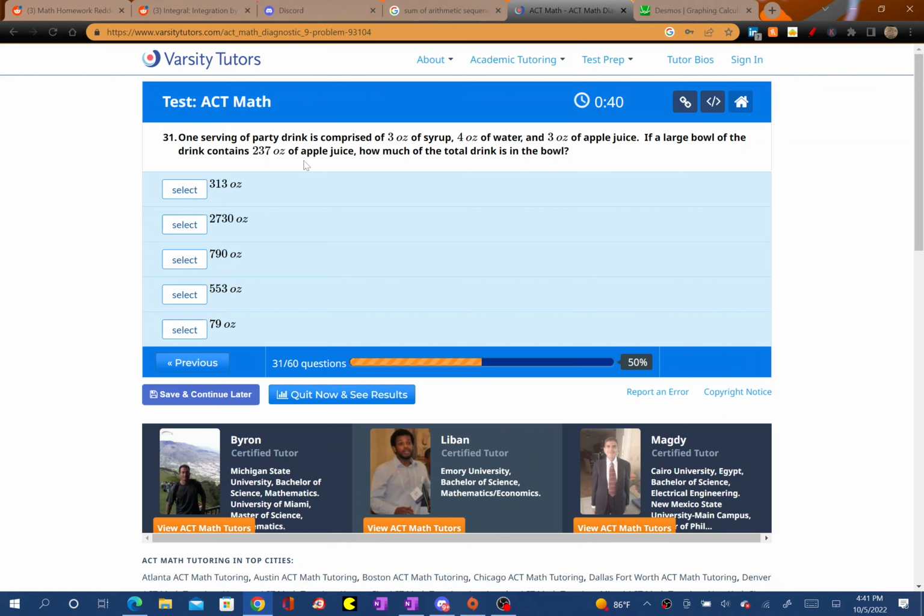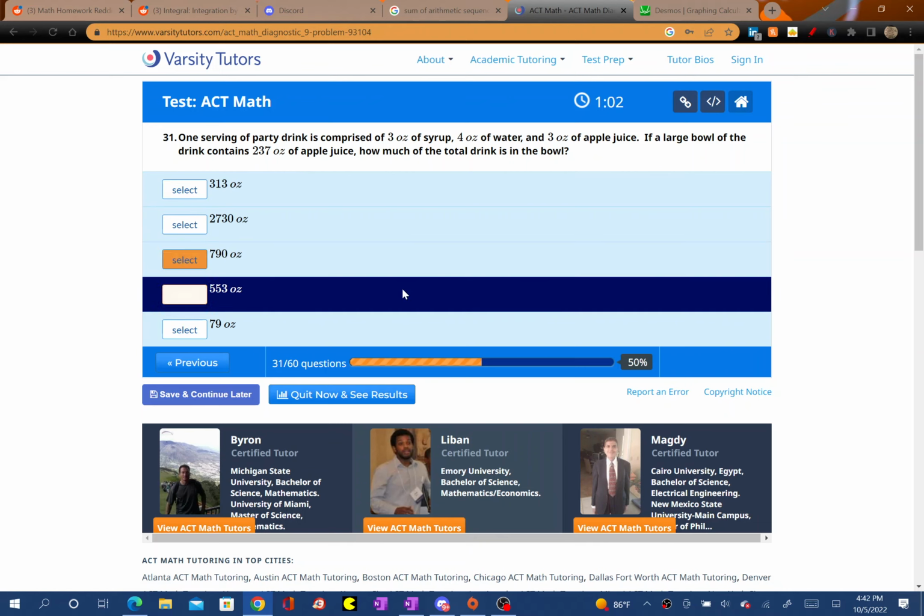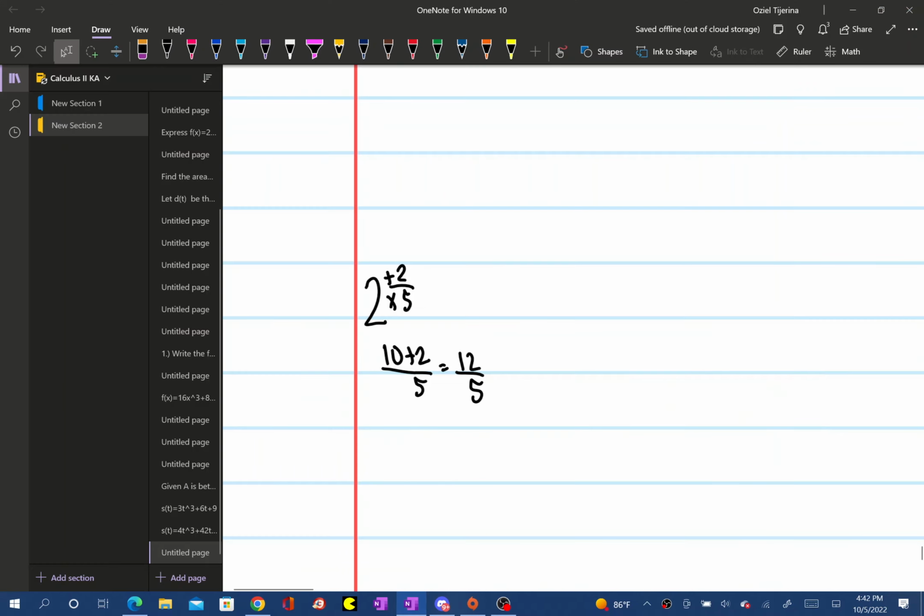Yeah, I don't know. Okay, so 3 ounces of syrup, 4 ounces of water, and 3 ounces of apple juice. And it says a large bowl of the drink contains 237 ounces of apple juice. So then, let's see here. I can try to work it out.